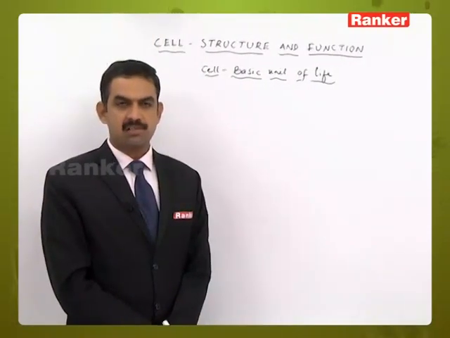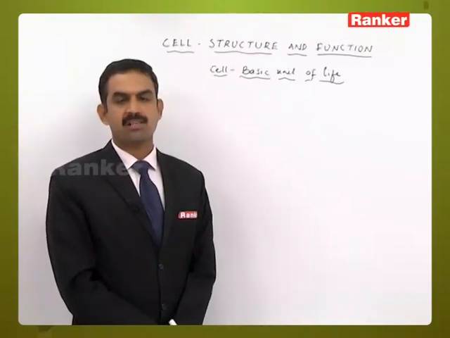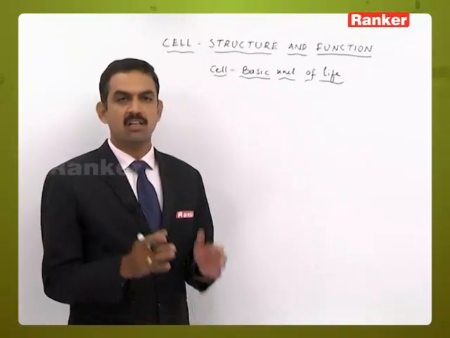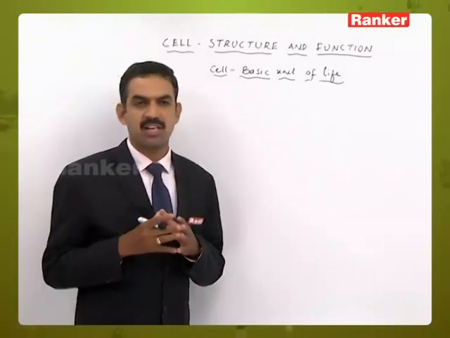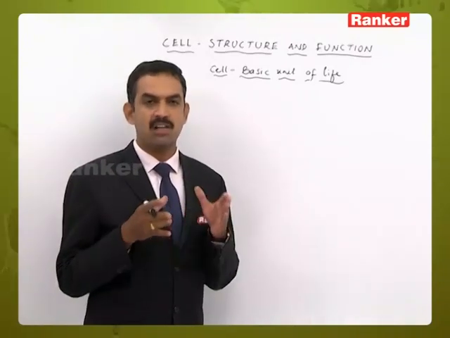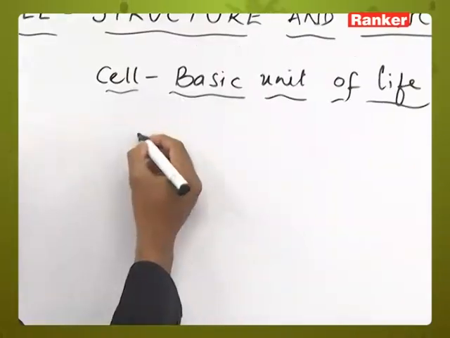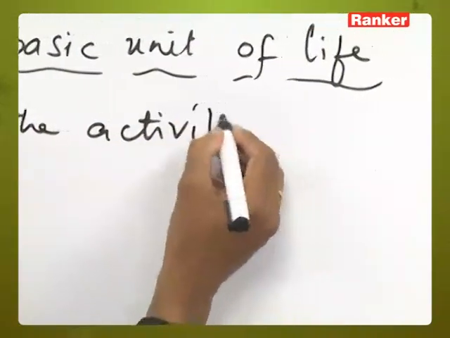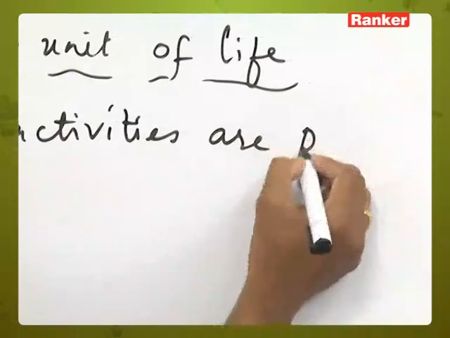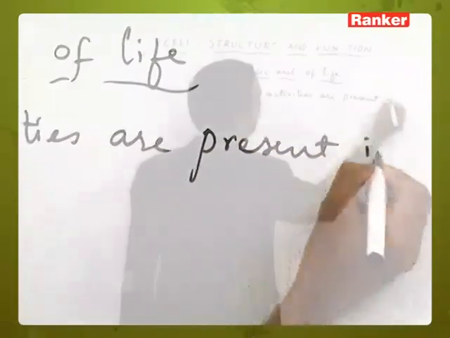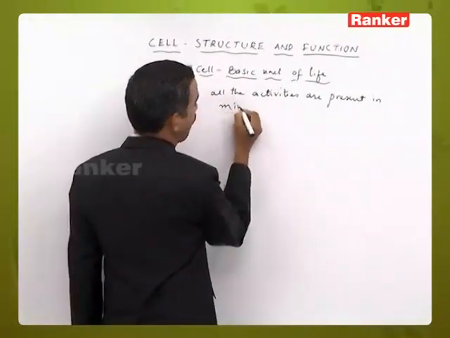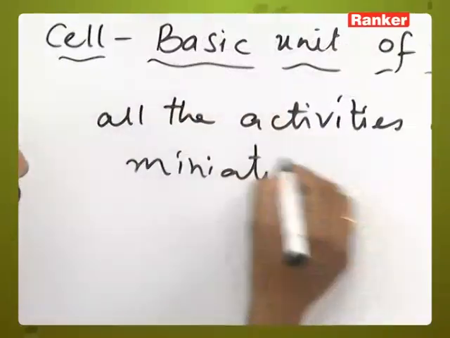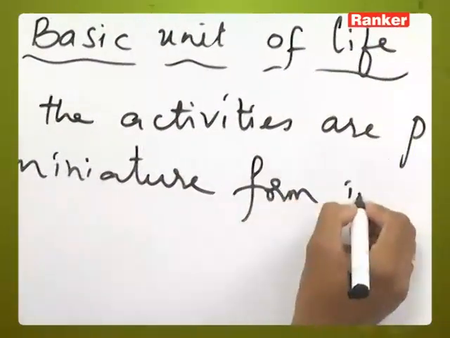All the activities related to a cell, the cellular activities existing in a cell, are present in miniature form. All the activities are present in a miniature form inside a cell.